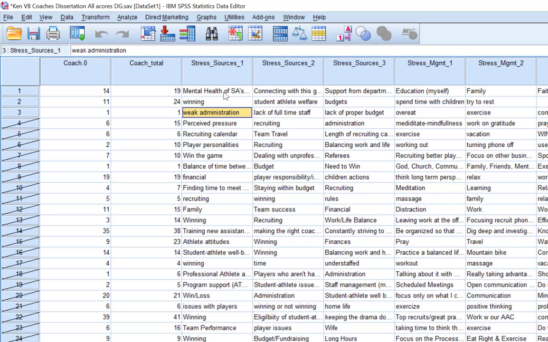So there's no pattern. And then what about stress management? Education, family, faith, spend time with children, overeat, but then exercise. I like that for coach number 1 on the list. This person only has winning, student athlete welfare, and budget. I think that's spurious.